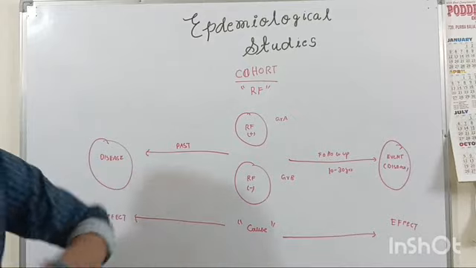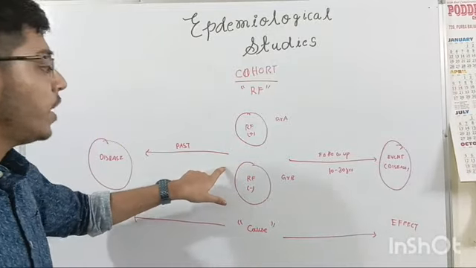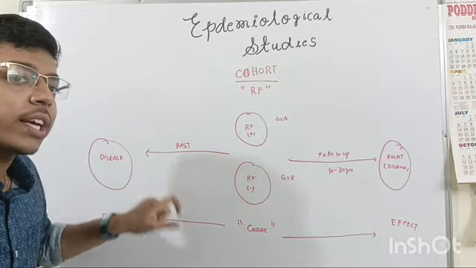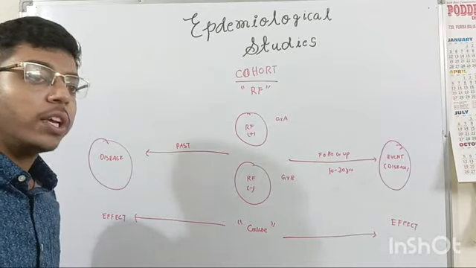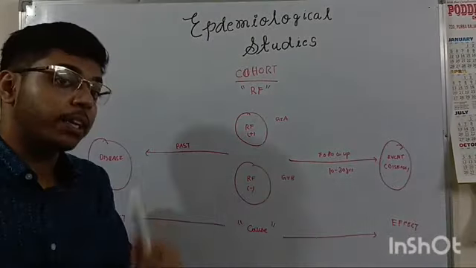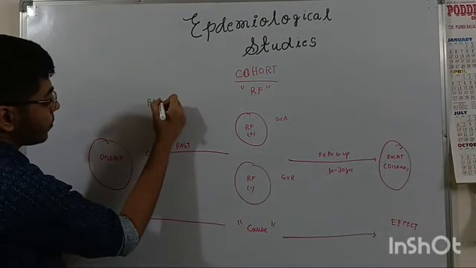So you now might have a question or a doubt that we are also going into the past here. Why is this not case control? This is actually called retrospective cohort. And how it is different from case control, I will explain through an example. So this is retrospective cohort.